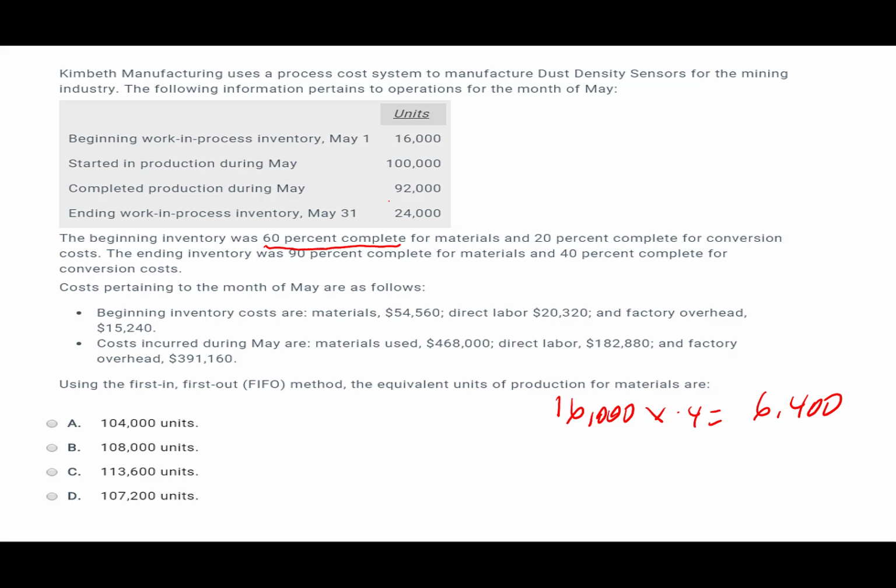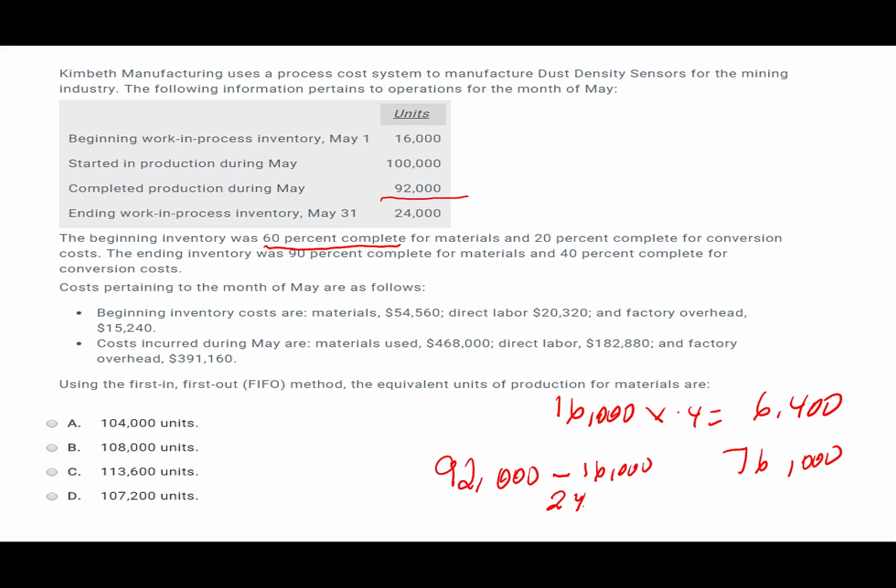If we want to get the units that were started and completed this period, we have to take the 92,000, but we have to subtract out the 16,000 because we already accounted for those 16,000 up there, didn't we? So when we subtract those out, we get 76,000, right? Okay. Then when we get to the ending inventory, it's just like weighted average, right?